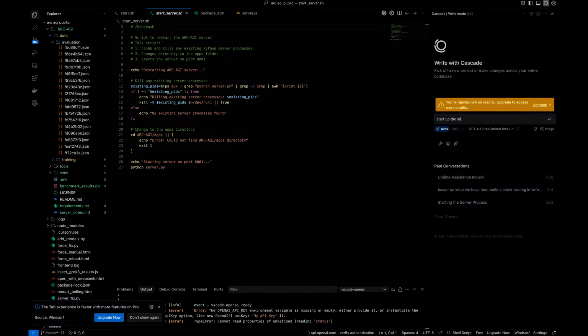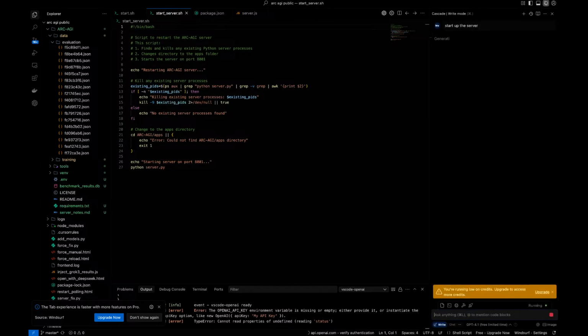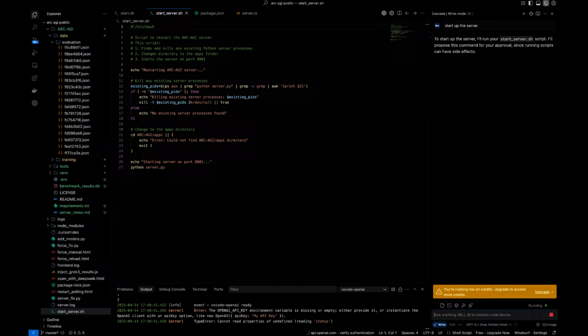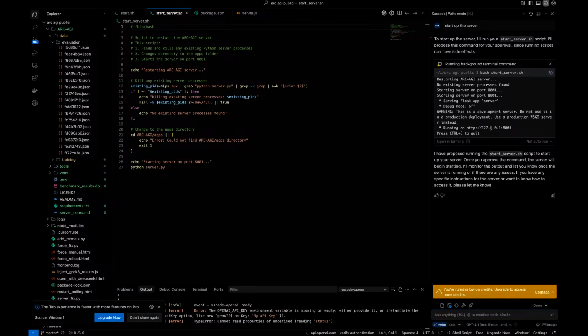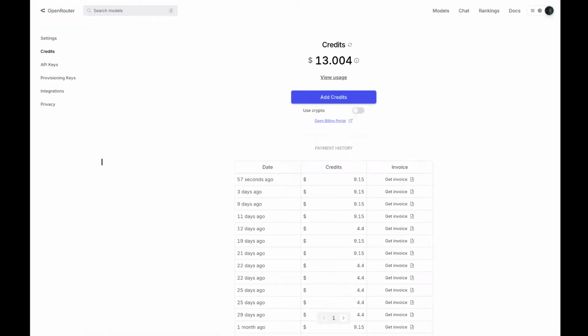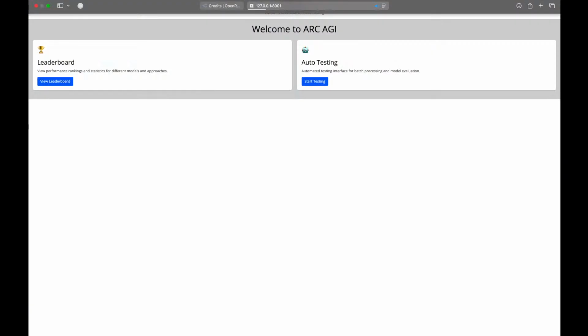Okay. So it immediately says that to start up the server, it'll run your start server.sh script. Absolutely awesome. That is what we want. So I think it does it. And it is running.